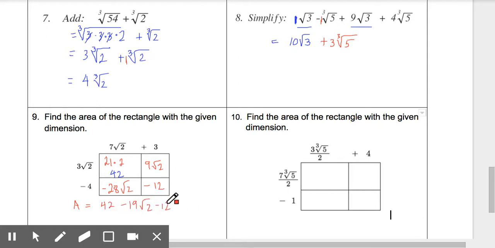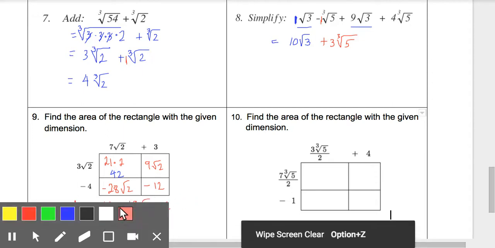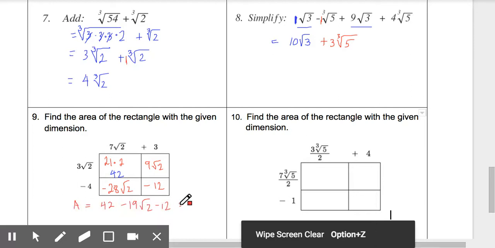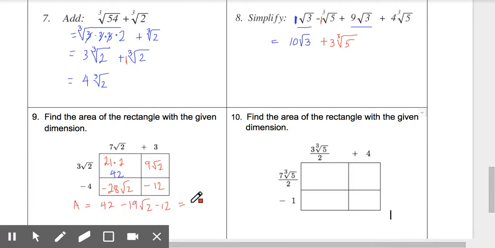Then we can combine the constant terms. 42 minus 12 is equal to 30 minus 19 square root of 2. This is the area of the rectangle. We can put square units.